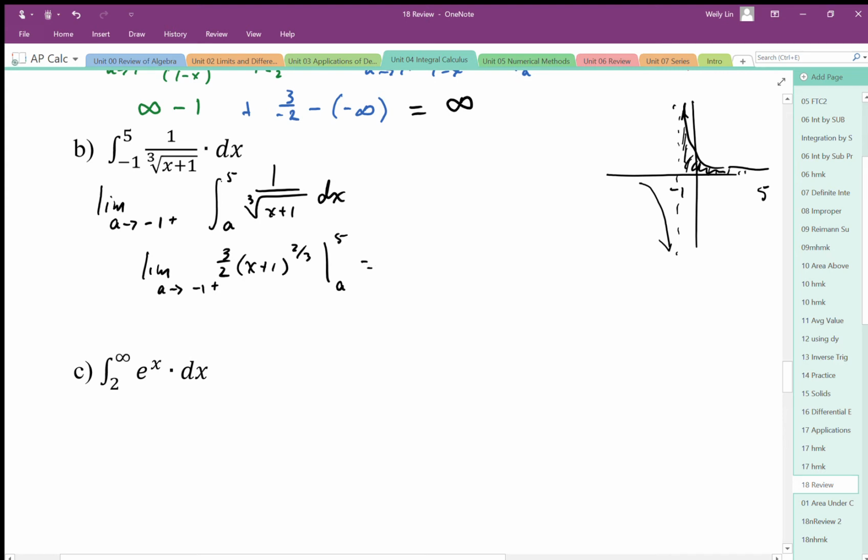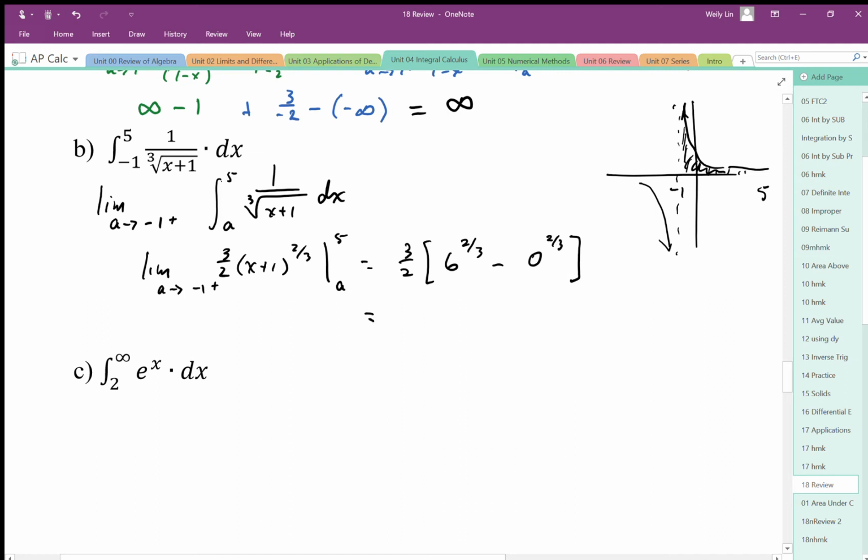I'm going to end up with, what is that going to be? Plugging in 5, I get 6, so 3 over 2 times 6 to the 2/3 minus, when I plug in the -1 in there, I get 0 to the power 2/3.